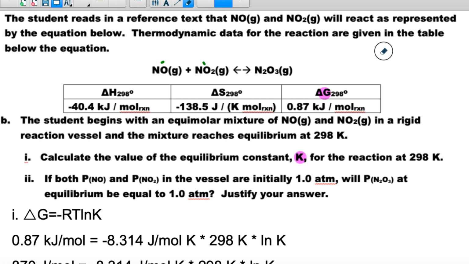So, what do we know about the delta H for this equation? We know that the delta H is negative 40.4 kilojoules, which means that energy here is a product. So we know that the energy is a product and it's exothermic.